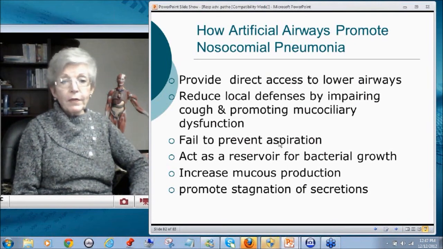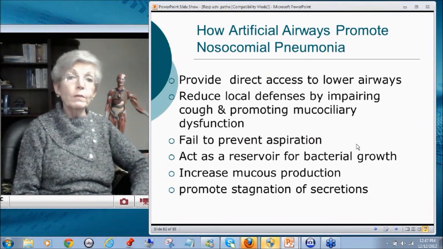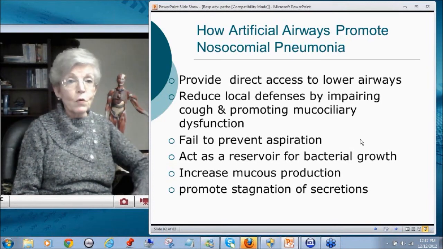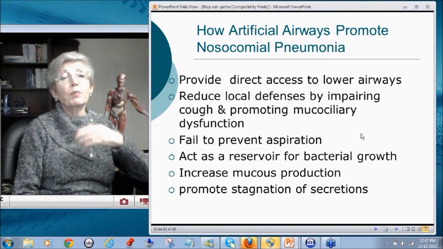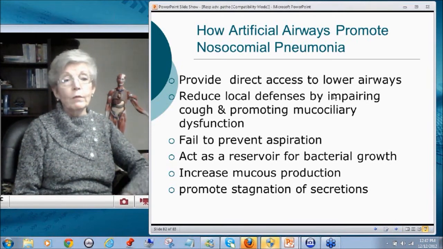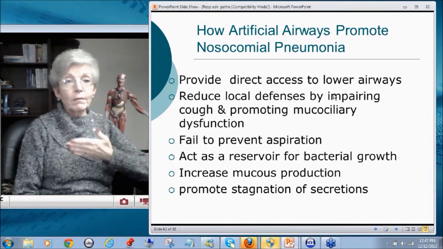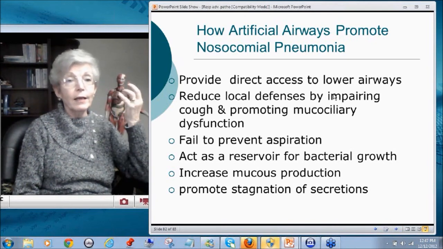So I'm going to end with talking about how airways, artificial airways, promote nosocomial or hospital-acquired pneumonias. And that's because we've provided direct access to the lower airways. And we've lost our normal defenses. The skin is our first barrier to infection. If you break that, you can get infections.